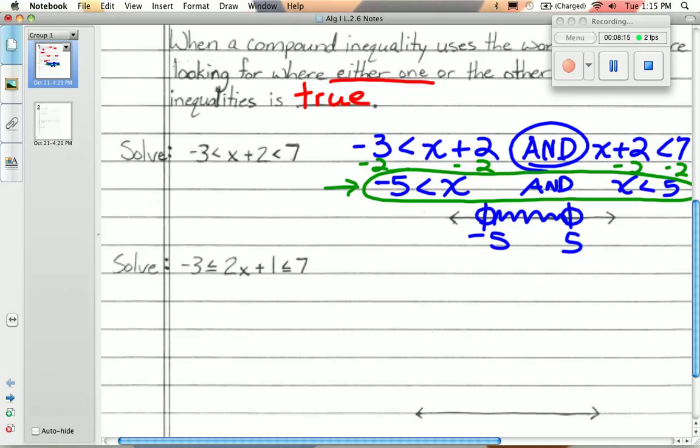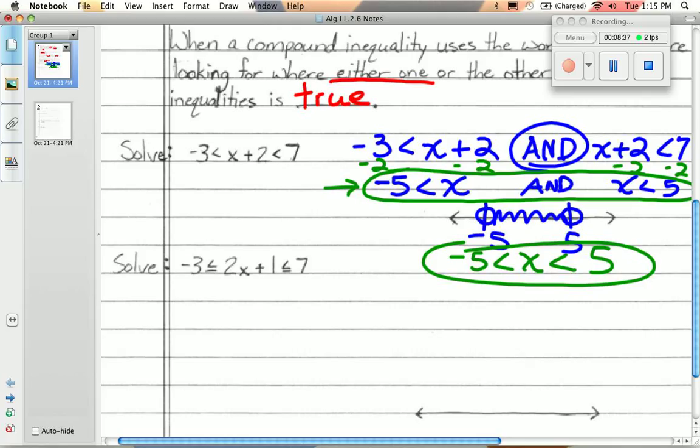Let's bring this x over here and throw it on top of this one. So this would be written how? Negative 5 is less than x, and then x is less than 5. This is how we would see it in an answer bank.